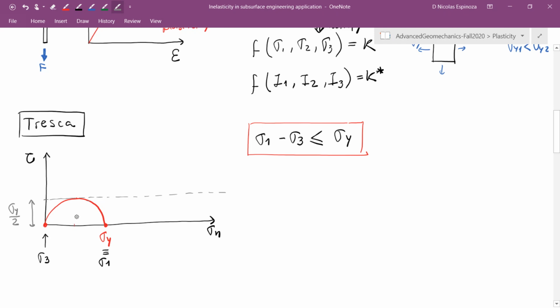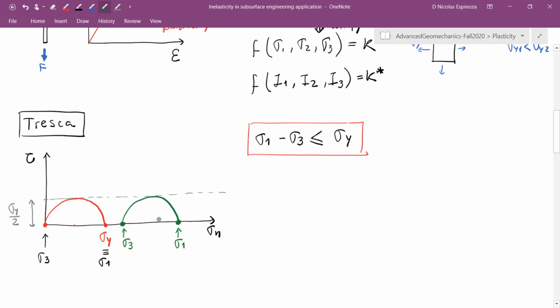Because it is the radius of this circle. And I could have, for example, another state of stress, for example, this one over here. And as long as the maximum principal stress, in this case, sigma 1 minus sigma 3, which is going to be, in this case, this one.